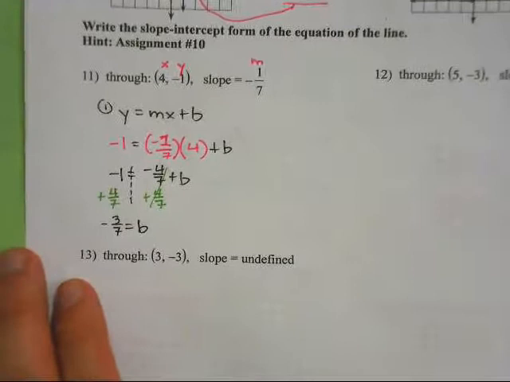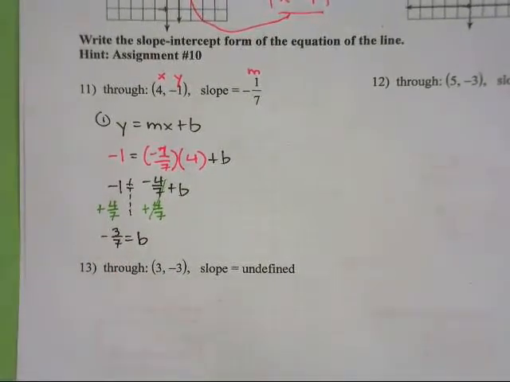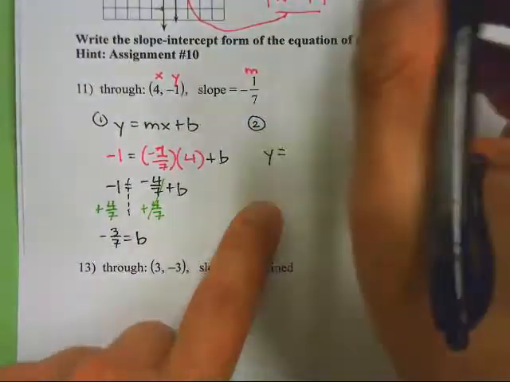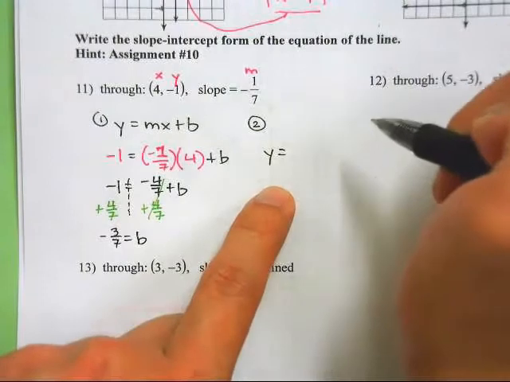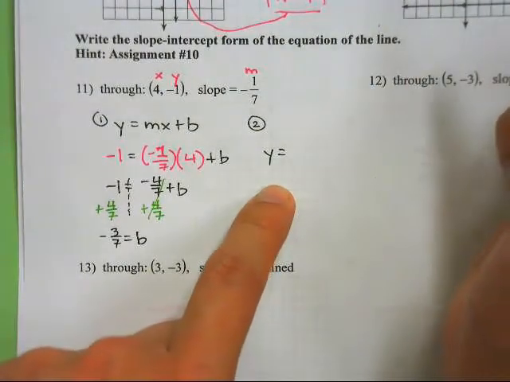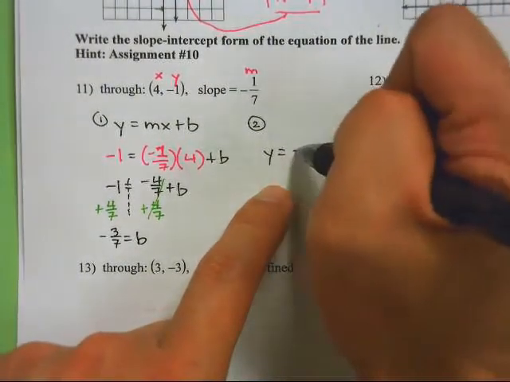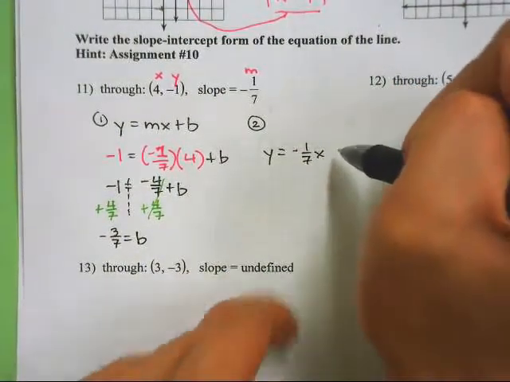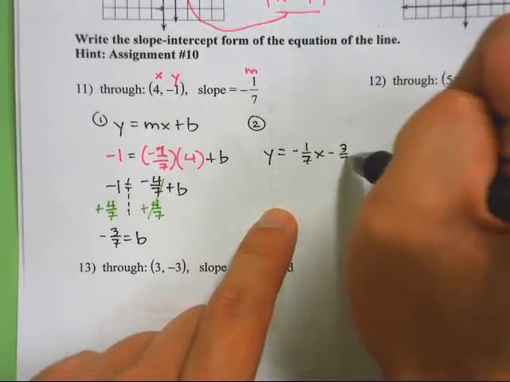Some students on the last test stopped over here and I couldn't give them full credit. What is our final thing that we have to do? Y equals what? Plus x plus minus 3.